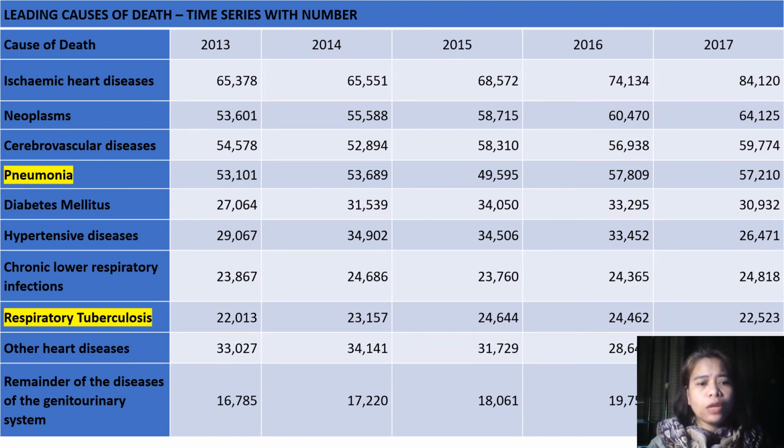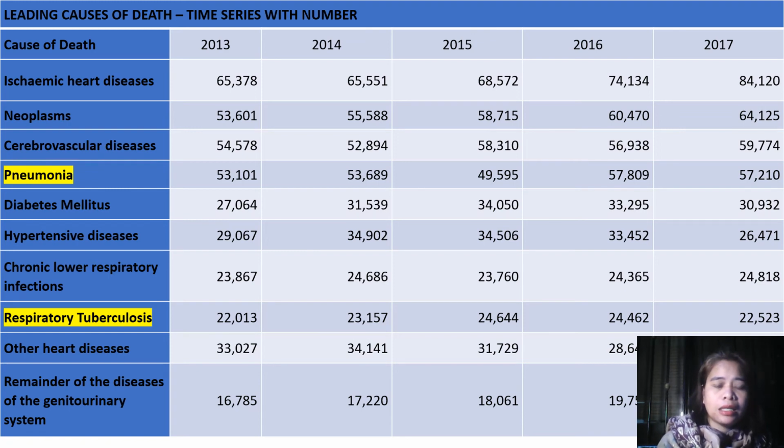If you look at it, I think I highlighted only 2 possible, or 20 to 30%, that produce death. Over the years, if you look at the causes of death from 2013 to 2017, this information remains the same. So pneumonia and respiratory tuberculosis remain in the top 10 leading causes of mortality.